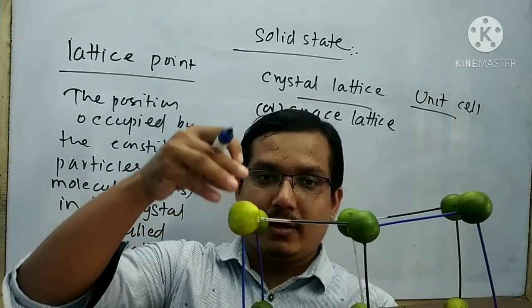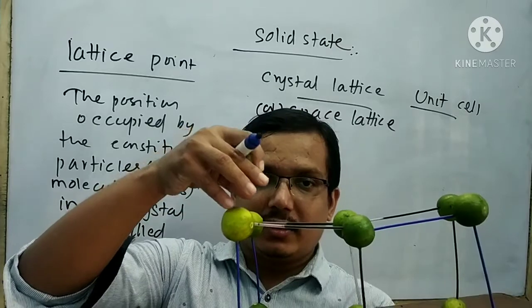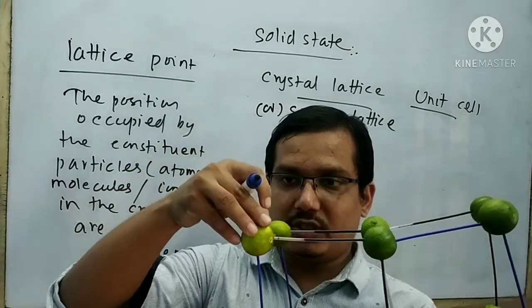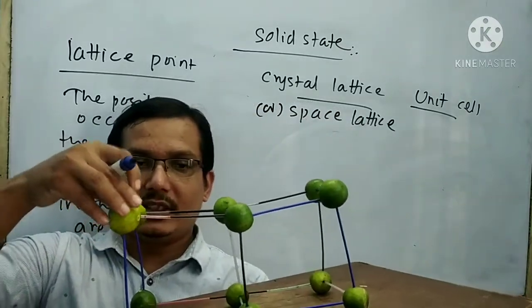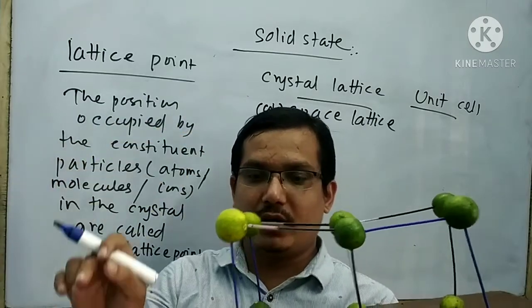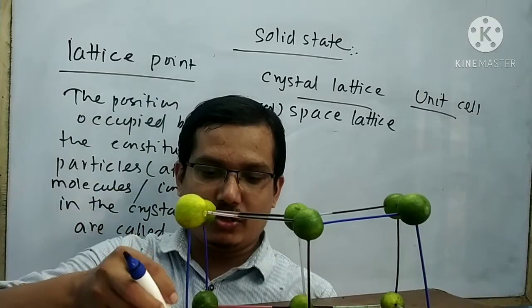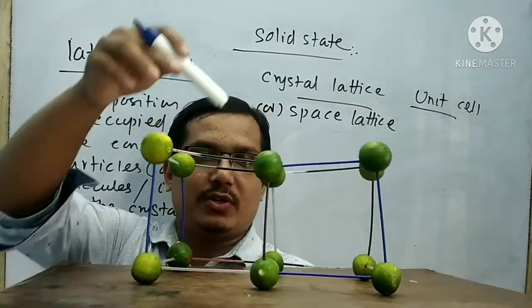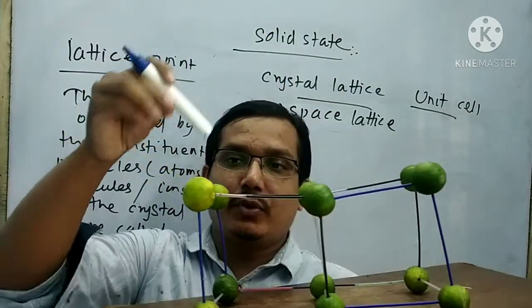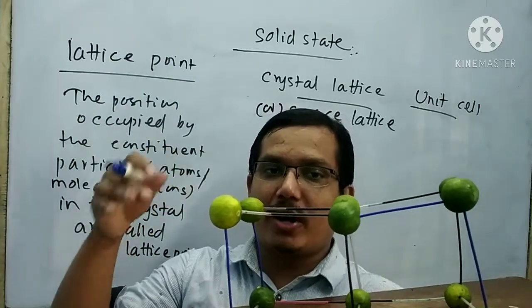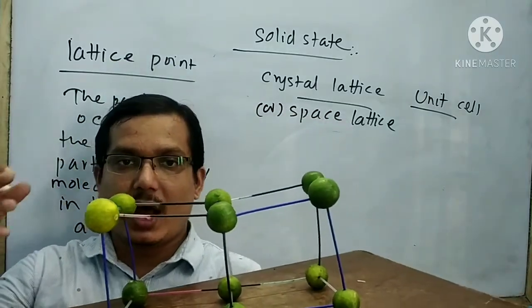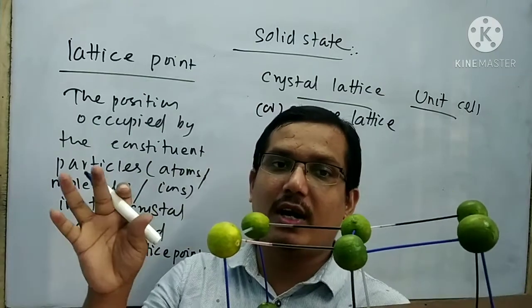They occupy a particular position in the crystal. These positions are called lattice points. That means this position is one lattice point, this is another lattice point, these are the lattice points. The position in which the atom or ions or molecules are placed in a crystal is called lattice point.